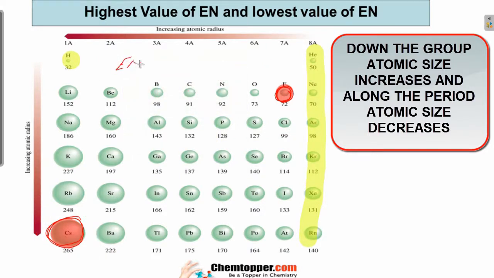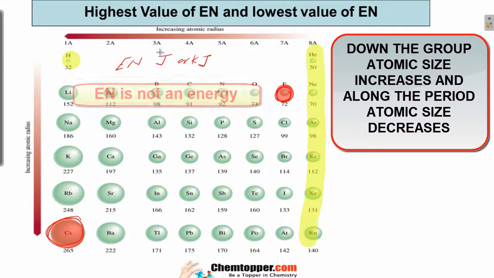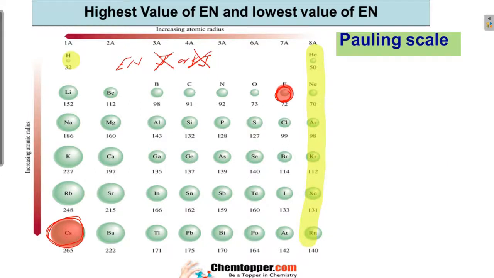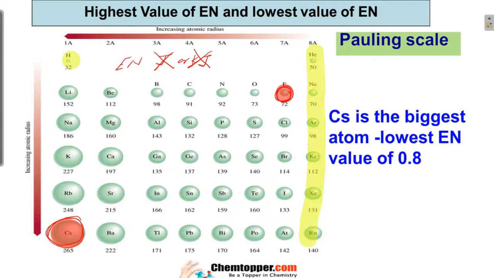As we discussed earlier, electronegativity cannot be measured in joules or kilojoules because it is not an energy. It is the tendency to pull the shared pair of electrons. So we have a different scale to measure electronegativity, called the Pauling scale. Cesium, the biggest atom, has the lowest electronegativity value of 0.8 on the Pauling scale.